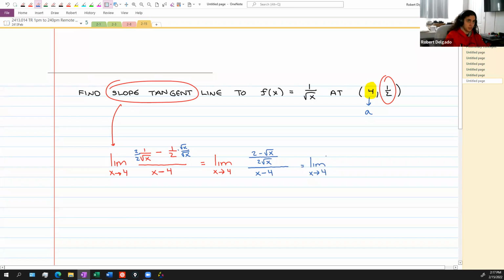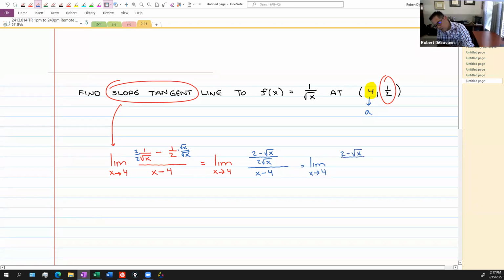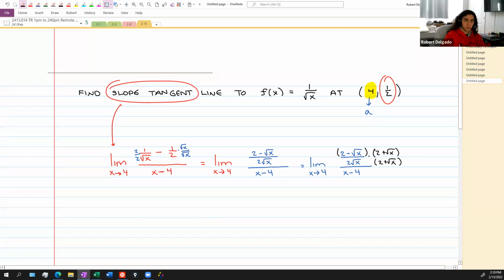The conjugate. Conjugate, good. I'm going to take 2 minus root x over 2 root x all over x minus 4, and I'm going to multiply by a 1 here, and it's going to be the conjugate, 2 plus root x over 2 plus root x. Who said conjugate? Robert.